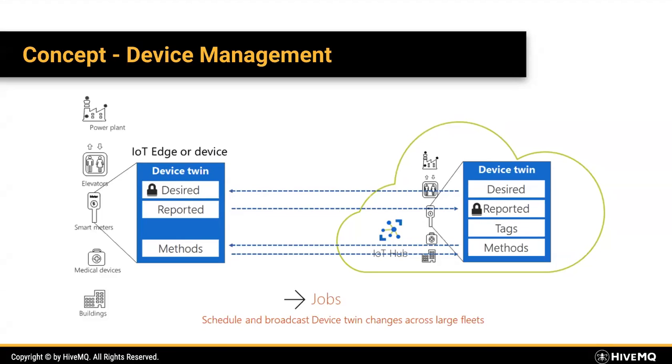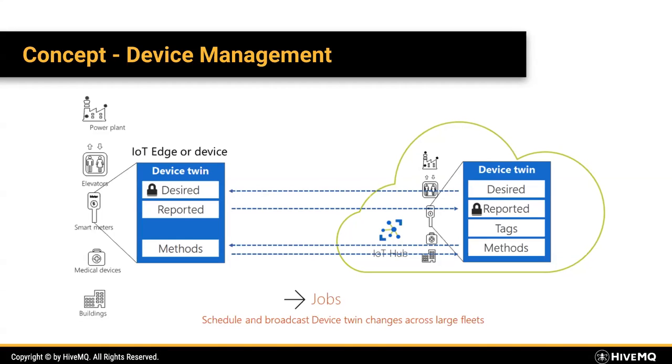So it can then start the firmware update procedure by downloading first the image, replacing the initial image, then restarting the device itself, and on the next boot it can run the latest firmware, and report by changing the reported properties that this particular device now has the latest version of the firmware.